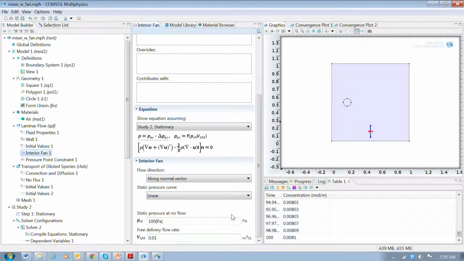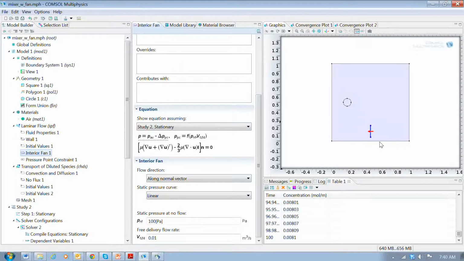So there's a relationship between the flow and the pressure for a fan, just as there is for any kind of rotating turbine type structure. Centrifugal pumps, for example, have the same kind of thing where there's a relationship between the flow rate and the pressure drop. So what this feature does, it's a boundary condition, although it's an internal boundary.